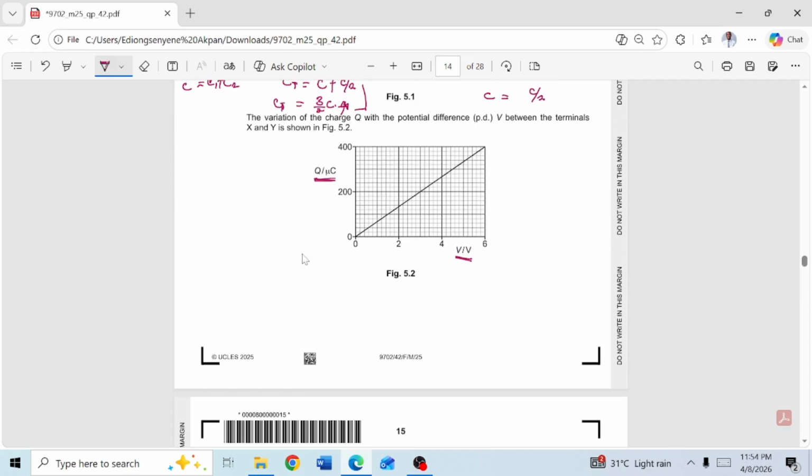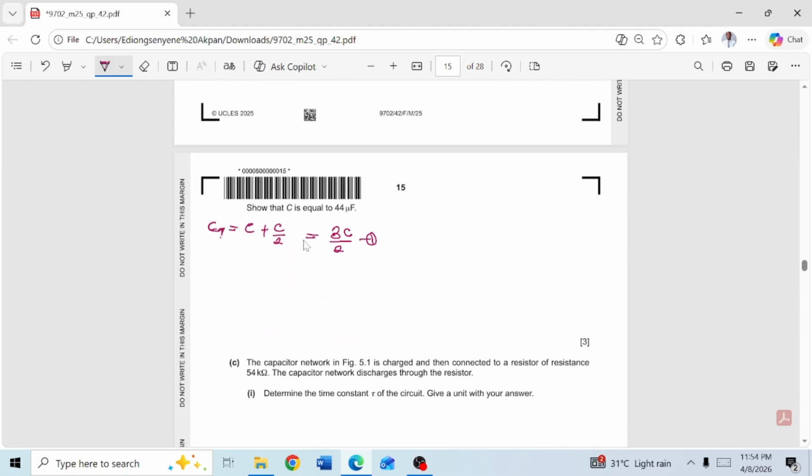For us to find the total capacitance, we will use this graph to find it. Total capacitance will be the gradient of this graph. Delta Q over delta V will give us the total capacitance. This is 6 and this is 400 microcoulomb.